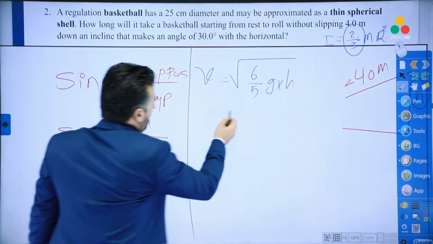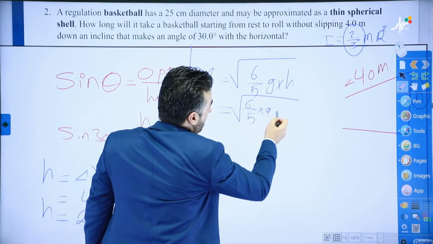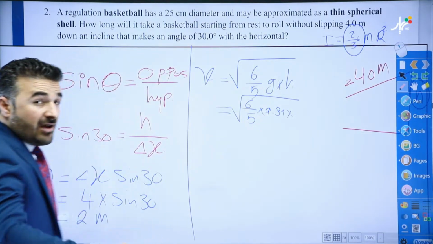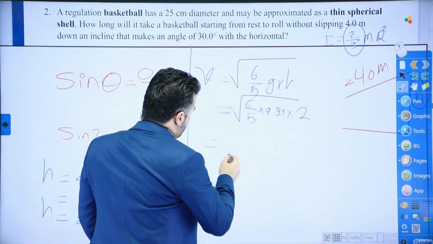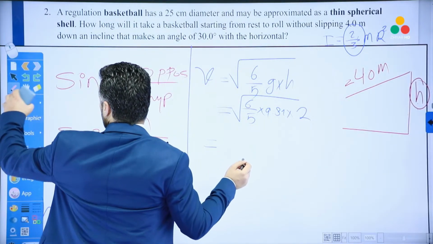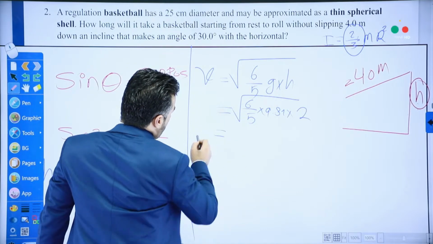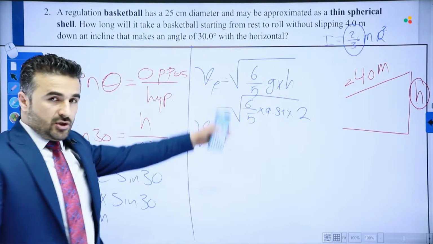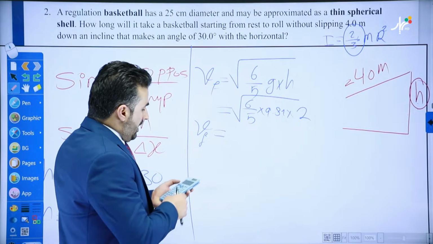Okay, so now plug in the numbers and do the math. 6/5 multiplied by 9.81 multiplied by the height. What was the height that we found? It was 2 meters. So in this case, translational speed final, we can call this one final, by the way, because initial will be at rest at the top of the incline.